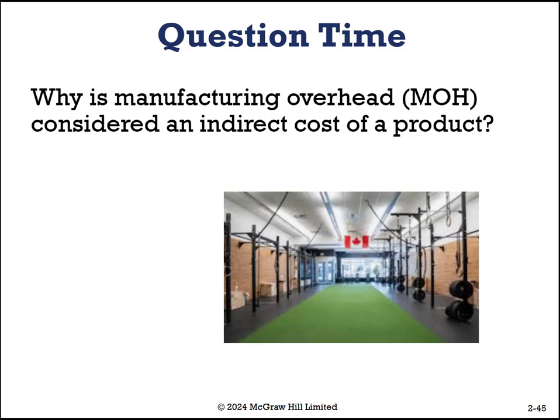All right, so why is manufacturing overhead considered an indirect cost of a product? It's all about materiality. If you really want to go into every nook and cranny, every bit, you could tie the light for 1 hour to each 1 hour CrossFit class if you really wanted to.